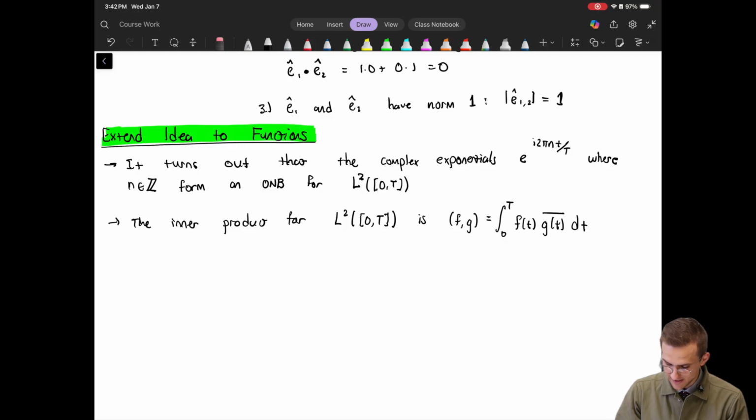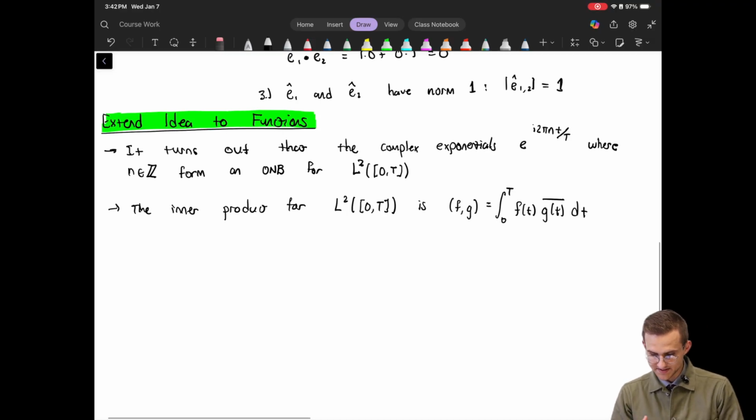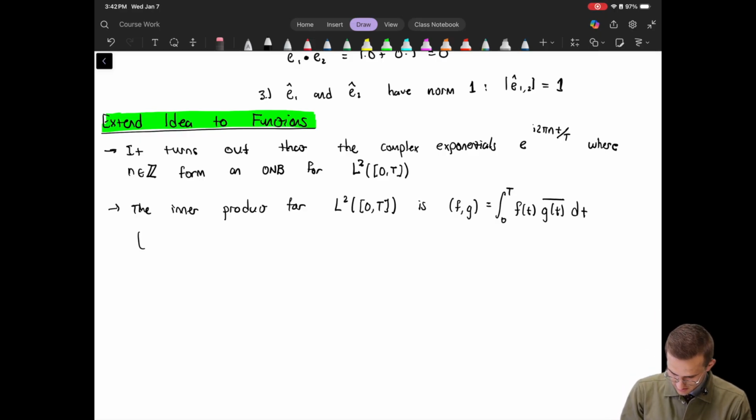Okay, and so now you can see why you get the orthogonality here. If we look at the inner product between e to the i 2 pi n t over T multiplied by e to the i 2 pi m t over T, then we are going to get delta nm, which is defined as the following.